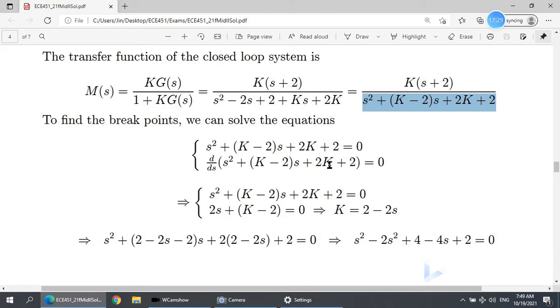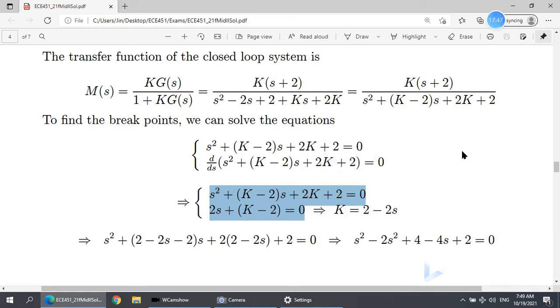We need these two conditions. Then we rewrite this derivative as this, right? Derivative of s squared is 2s. K minus 2 times s is this one. Okay, so we have this equation.